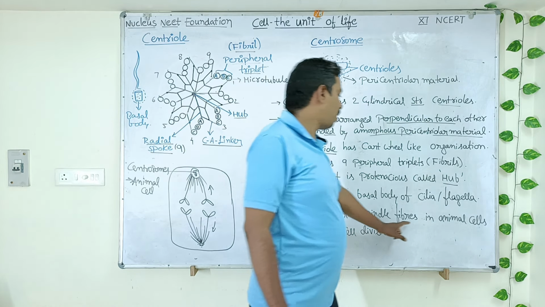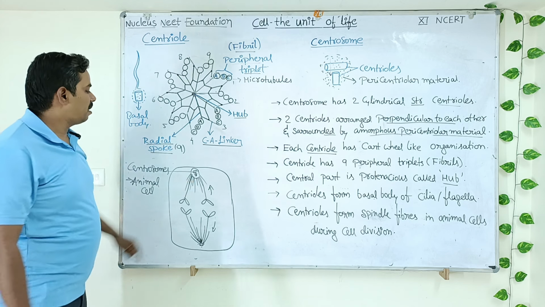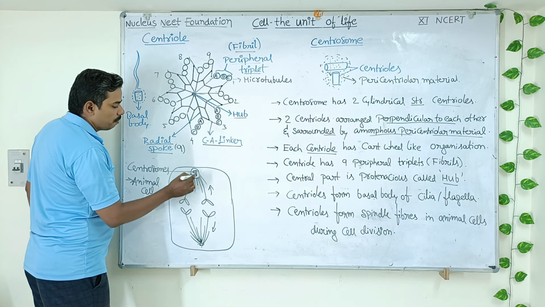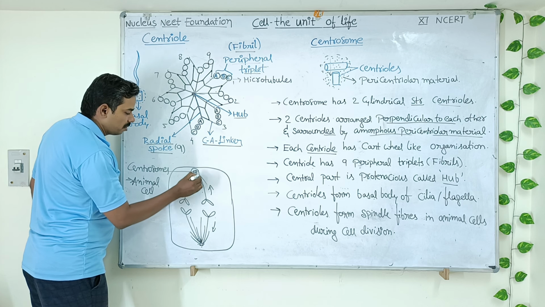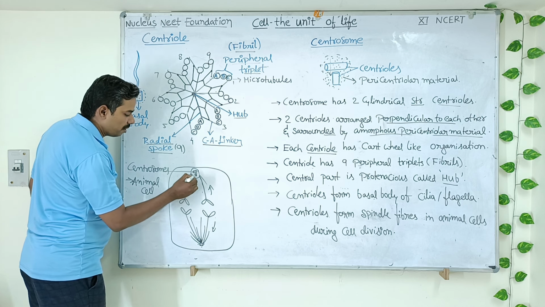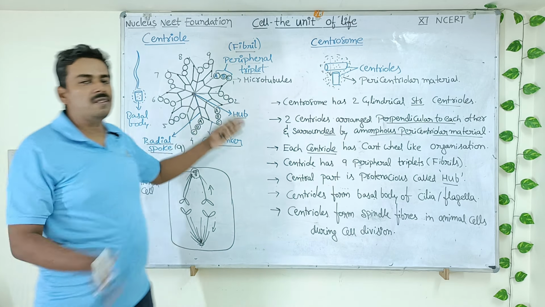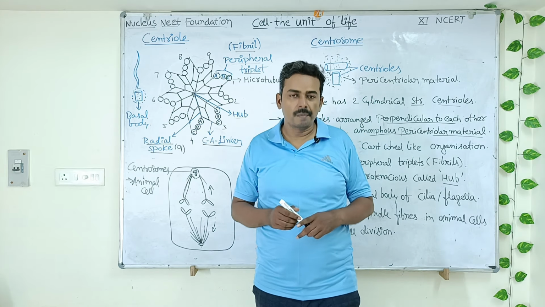Centrioles form spindle fibers in animal cells during cell division. So here we have seen that inside the centrosome there will be a pair of centrioles. They will produce the spindle fibers. These spindle fibers will connect to the chromosomes at kinetochore regions and help in separation of chromosomes from each other during anaphase of cell division.